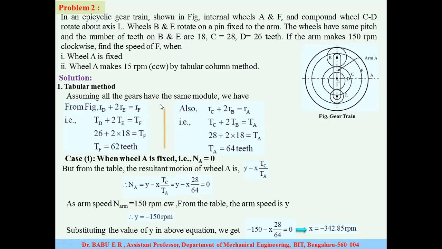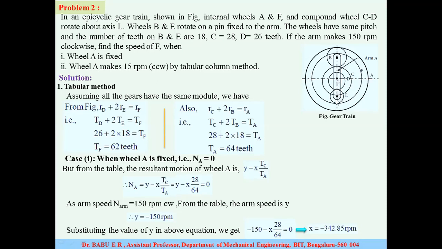So assuming all gears have the same module, we can write. When you observe this diagram, this is the F gear. From the center, the distance from here to here is the radius, which we can write as RF.